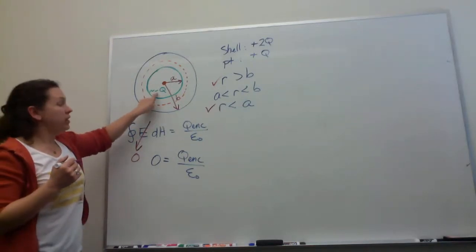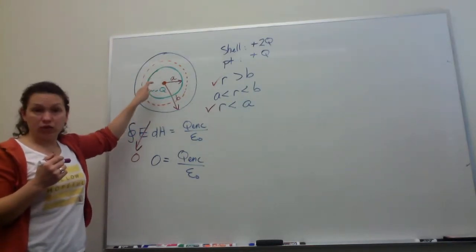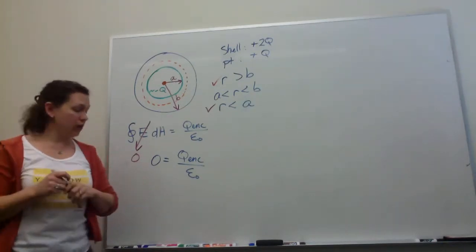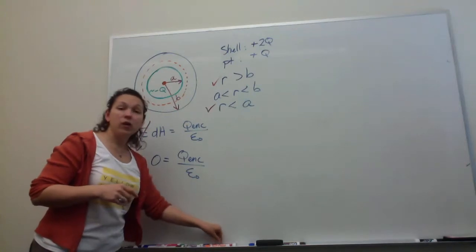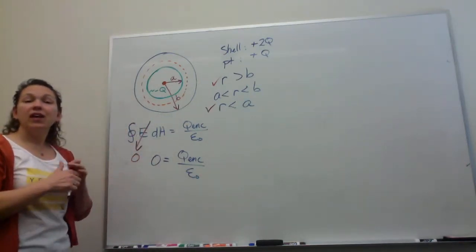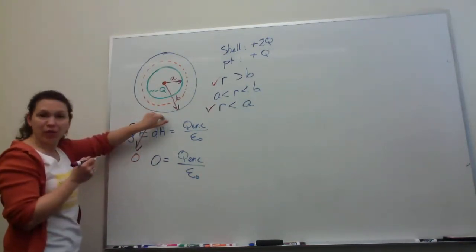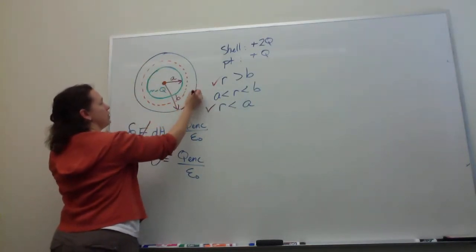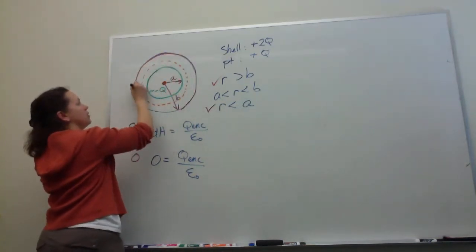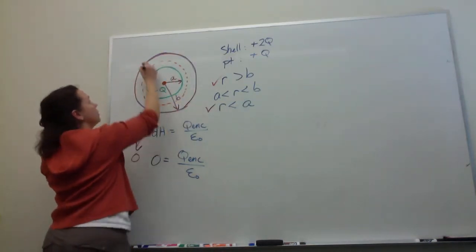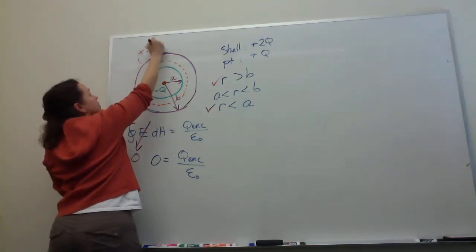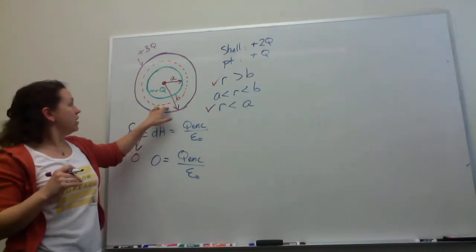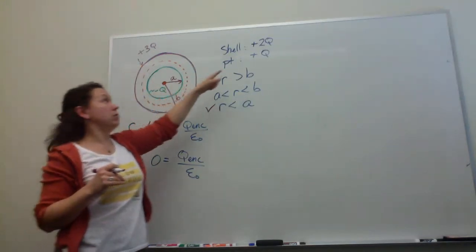So, if we have negative Q distributed along the inner surface, and excess charge is only on the surface of conductors, then we end up having positive 3Q distributed on the outer surface. So all around here, positive 3Q. What is the net charge? It's maintained. Positive 3Q minus Q gives me plus 2Q.